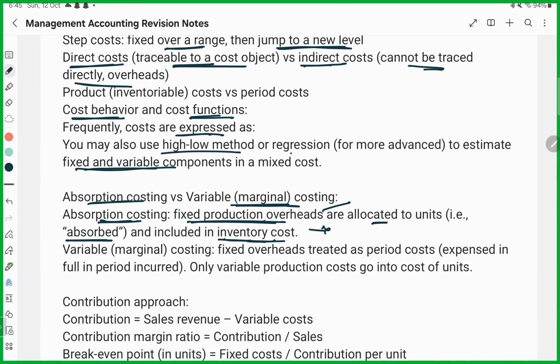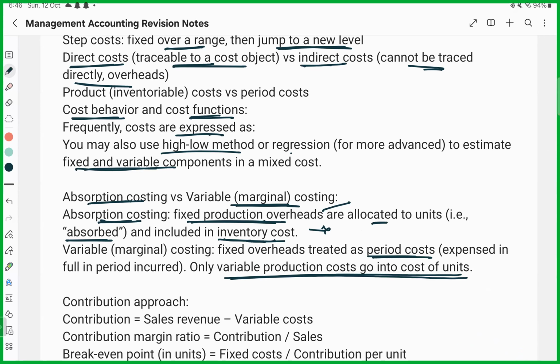Now, what is variable costing? Only variable production cost go into the cost of units. We know that fixed overheads, that is the rent, is a period cost, irrespective of manufacturing happening or not. We have to pay the rent cost because it's a fixed overhead.